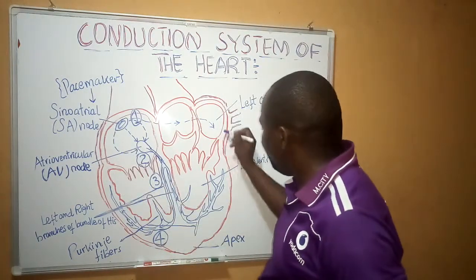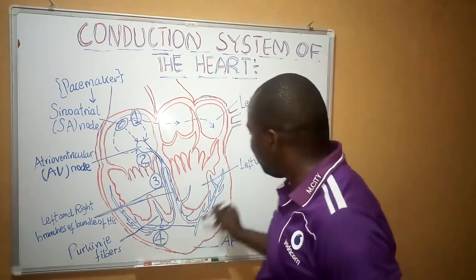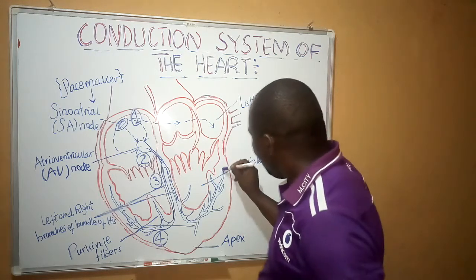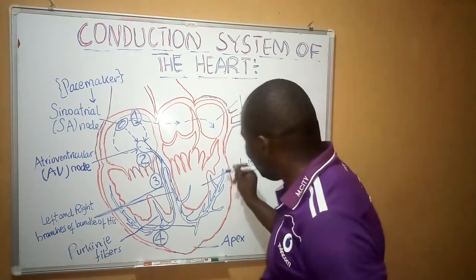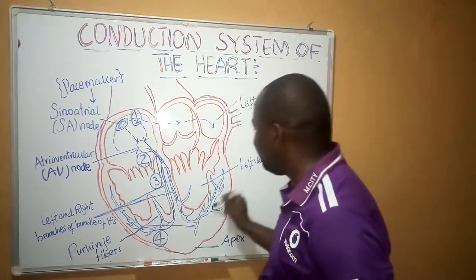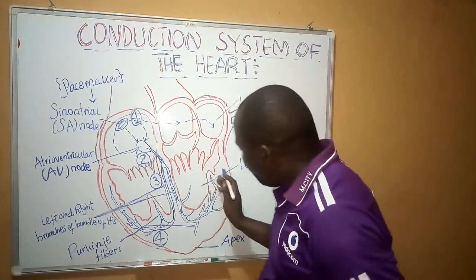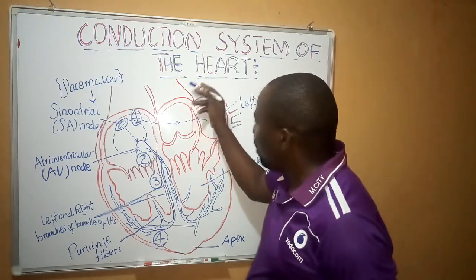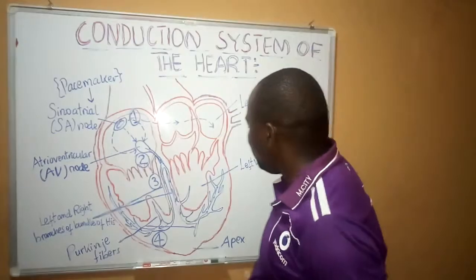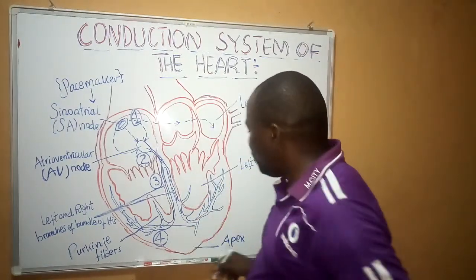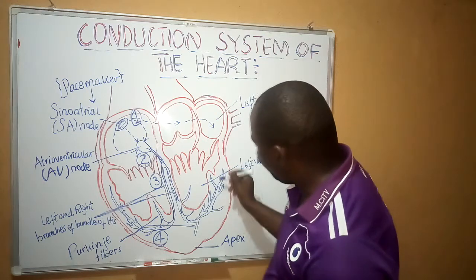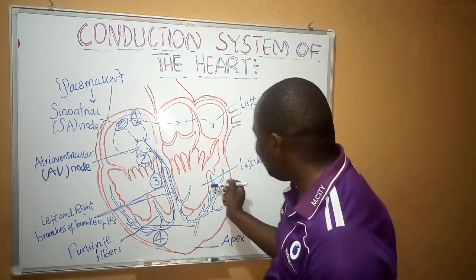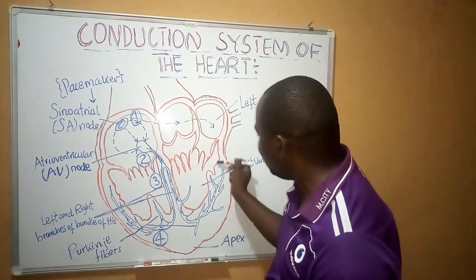This distribution of action potential plays a great role in ensuring that the heart is able to contract, and the contraction and relaxation of the heart enable pumping of blood outside of the heart through the aorta and pulmonary artery.